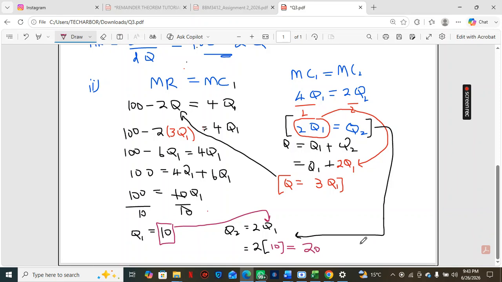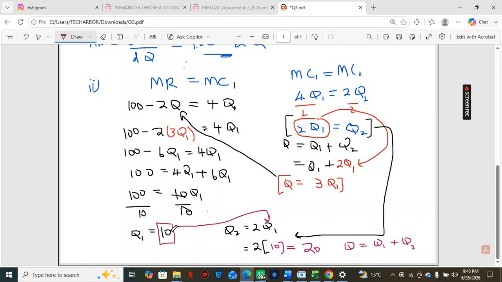Okay, so the overall production, which is Q here. Remember Q equals Q1 plus Q2. We can even use Q equals 3Q1. You still get the same answer. So our overall Q equals Q1 plus Q2.